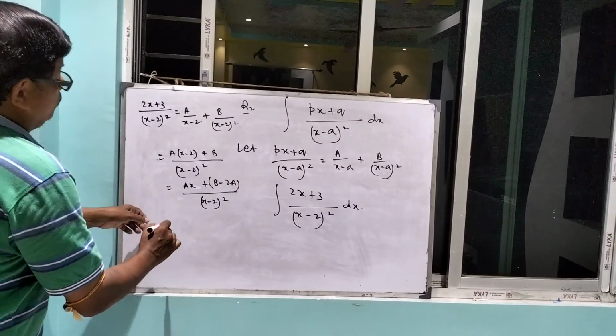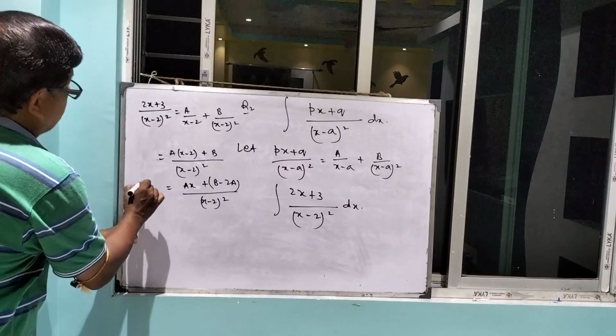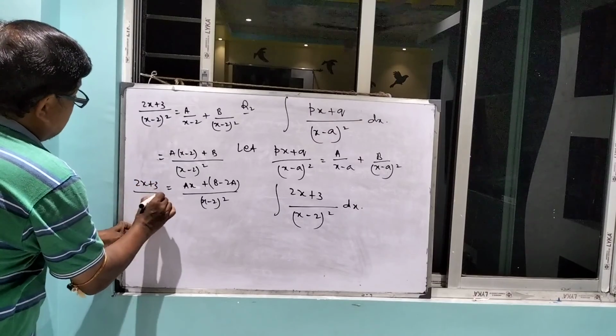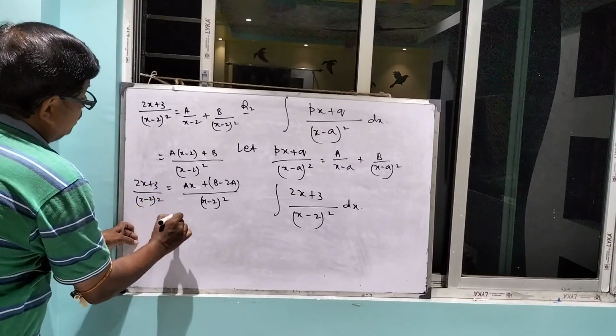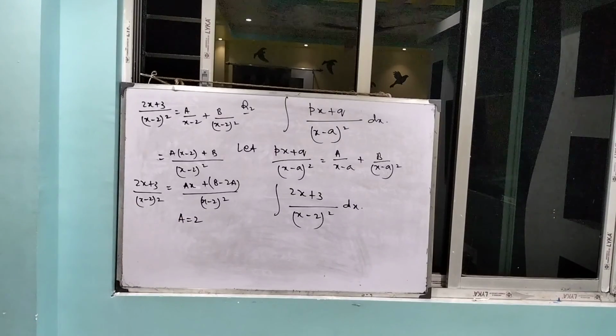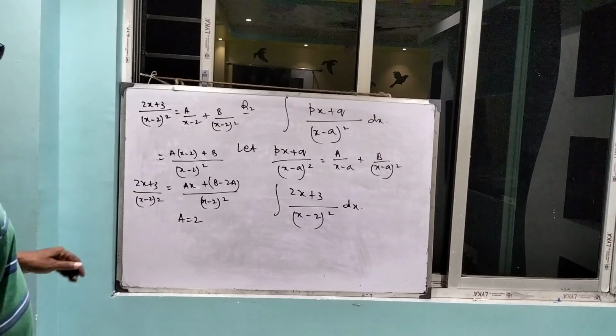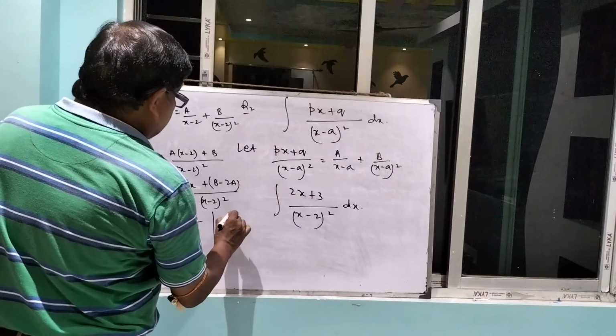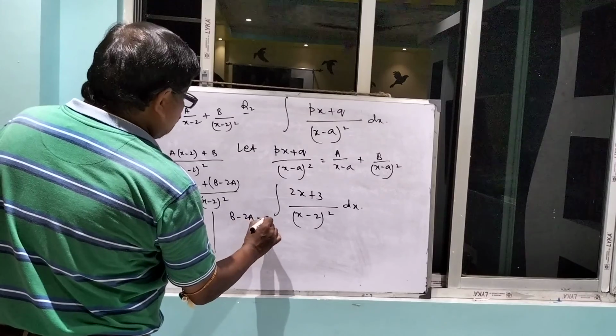So if you compare, look here, ax equal to 2x, writing 2x plus 3 by x minus 2 whole square. If you compare, we are getting a equal to 2. Okay, and b: b minus 2a equal to 3.